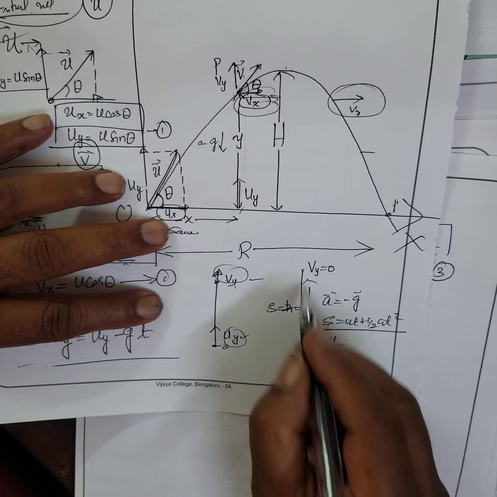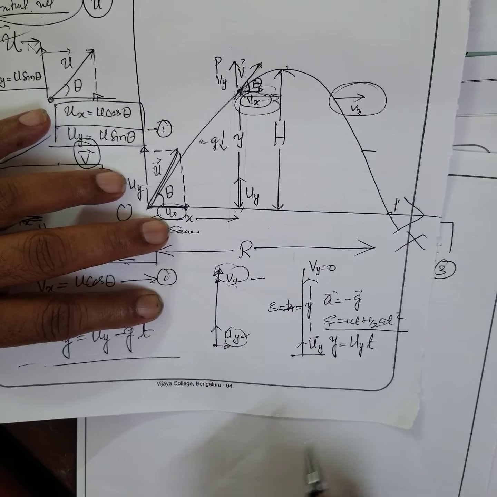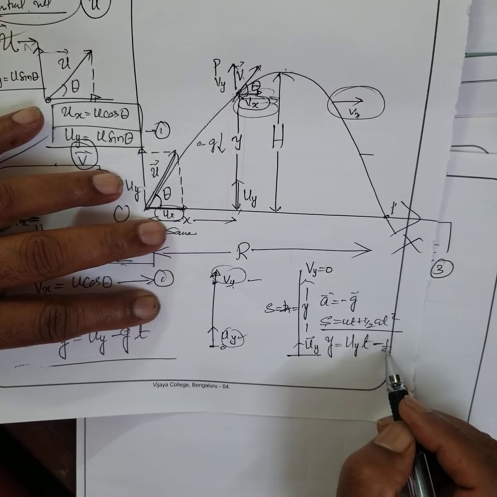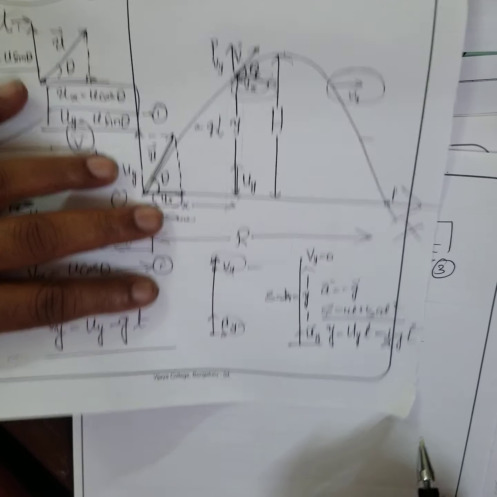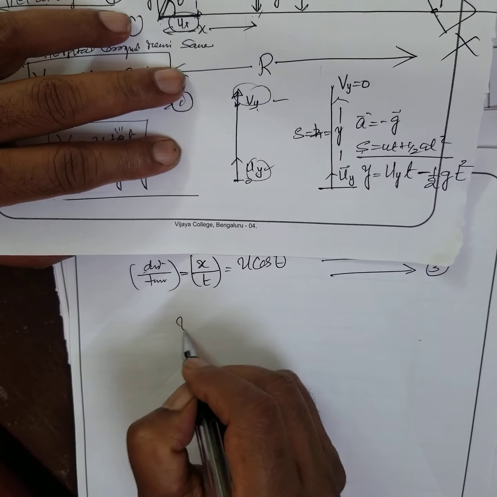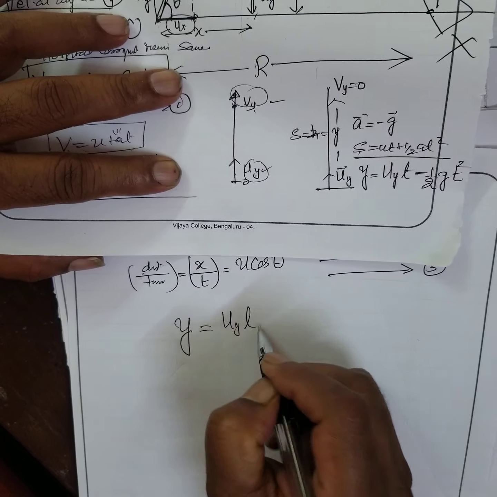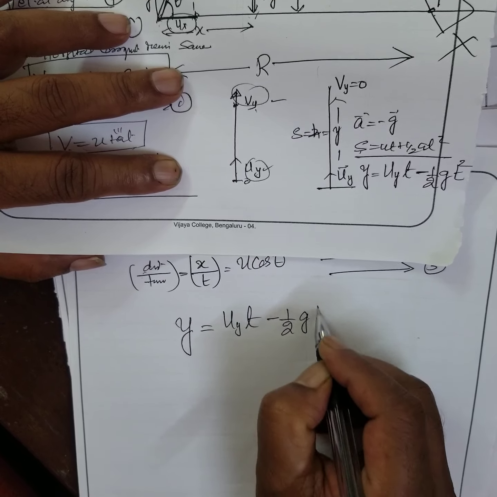In place of s, I will write y. This is equal to initial velocity uy t minus half g t square. I'll write y is equal to uy t minus half g t square.